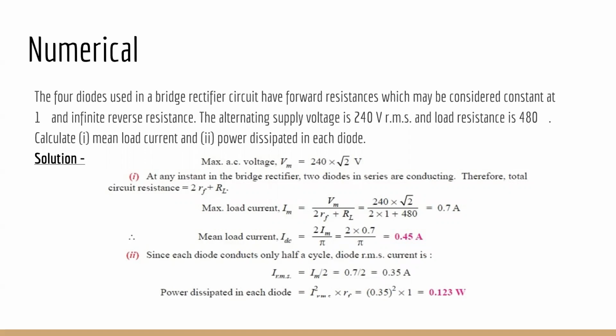Since each diode conducts only half a cycle, the diode RMS current IRMS is equal to Im by 2. The value of Im is 0.7, so IRMS is 0.7 by 2, which gives 0.35 ampere. Power dissipated in each diode is equal to IRMS square into Rf, which is 0.35 square into 1. We get 0.123 watt.